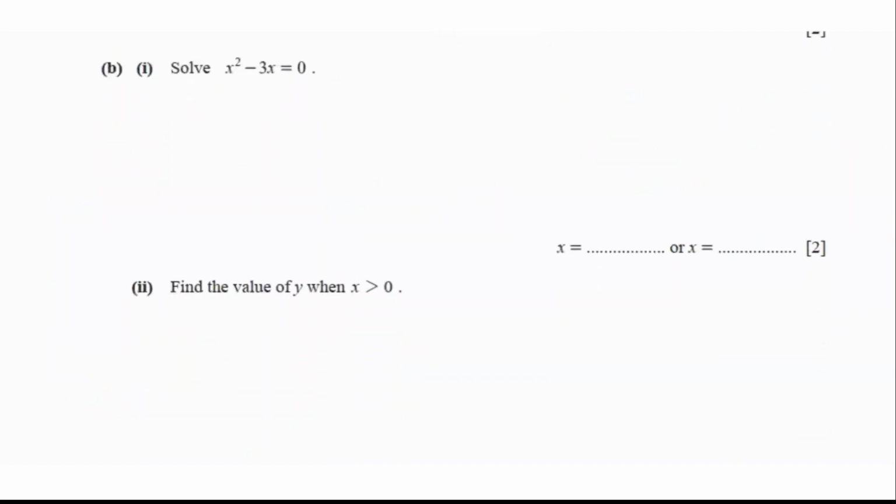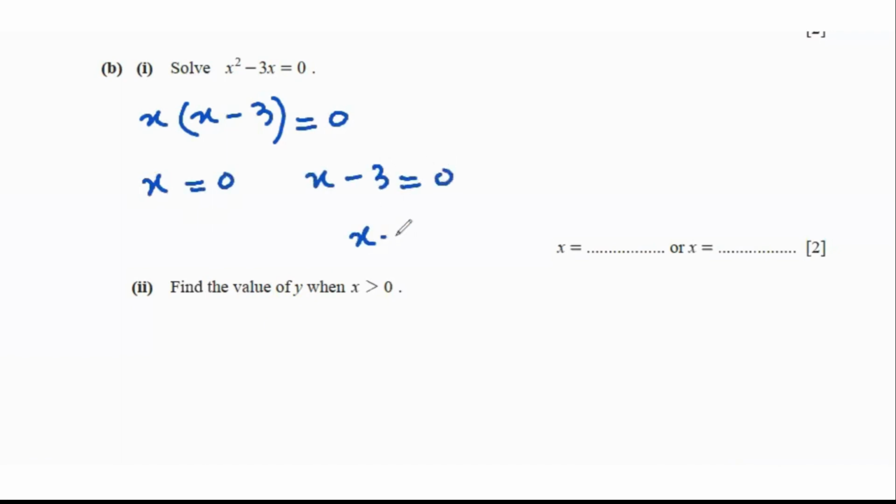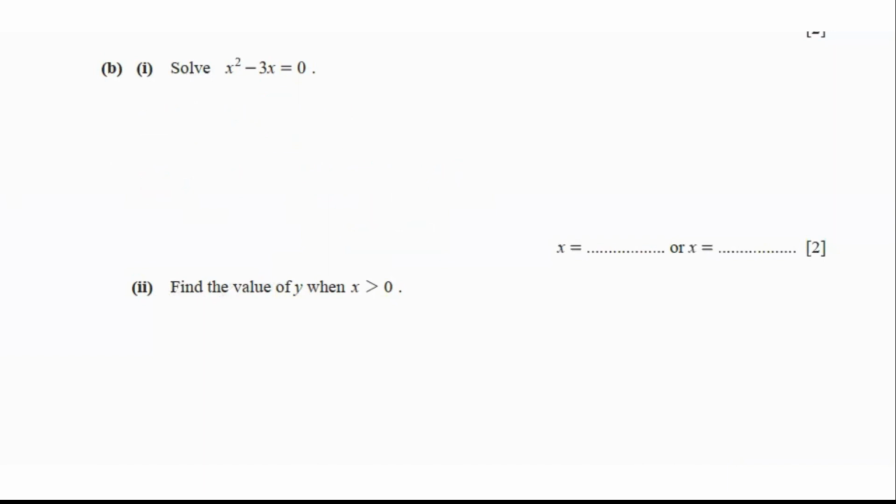Solve x square minus 3x equals 0. So that's going to be x bracket x minus 3. One value of x is 0, and the other is going to equal 3. Then find the value of y when x is greater than 0. So that means we're going to use x equals 3.